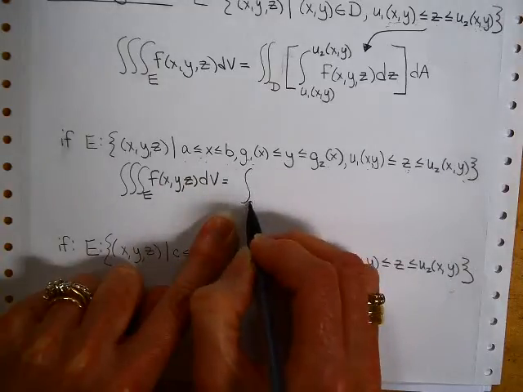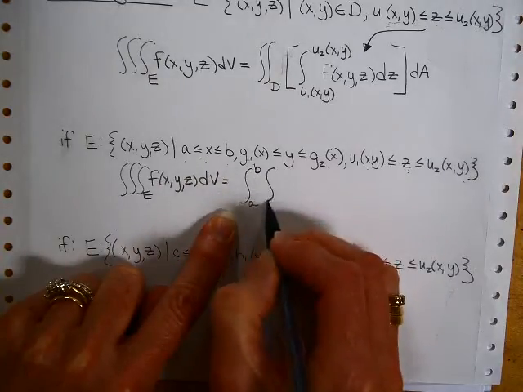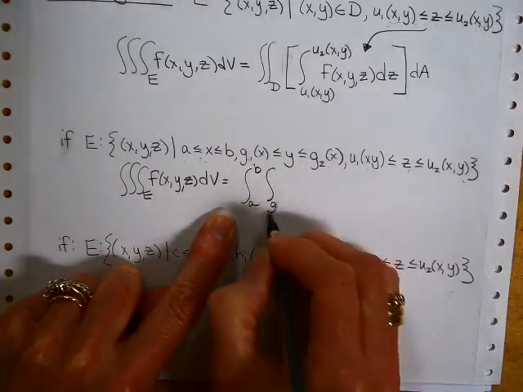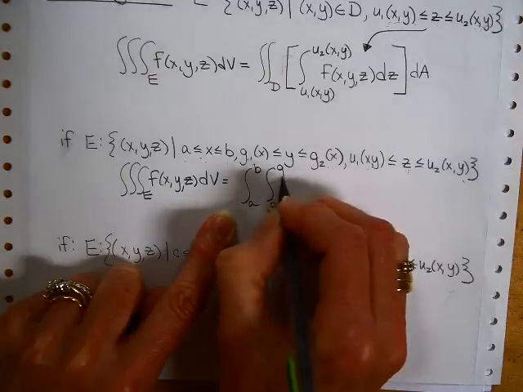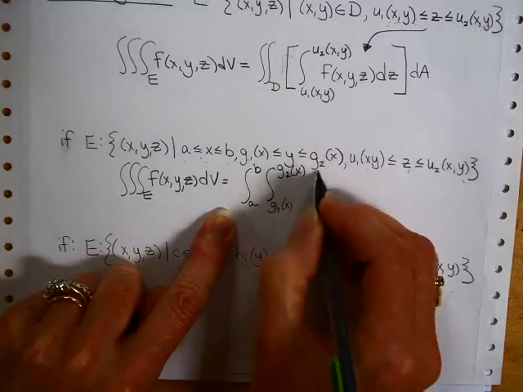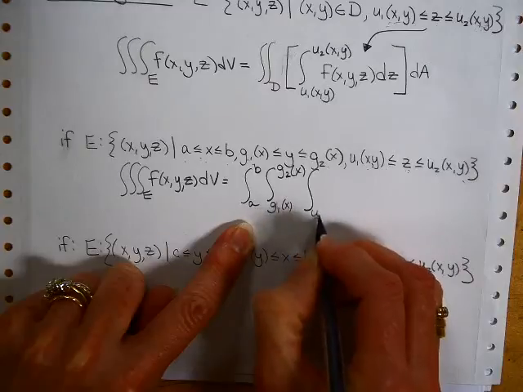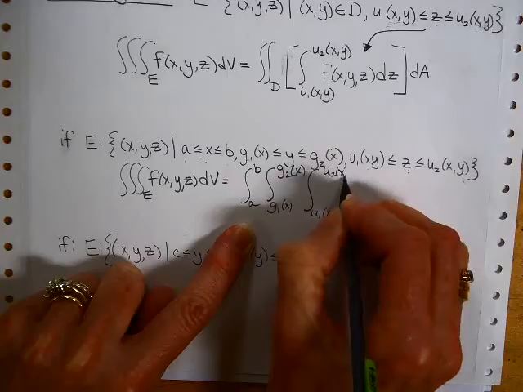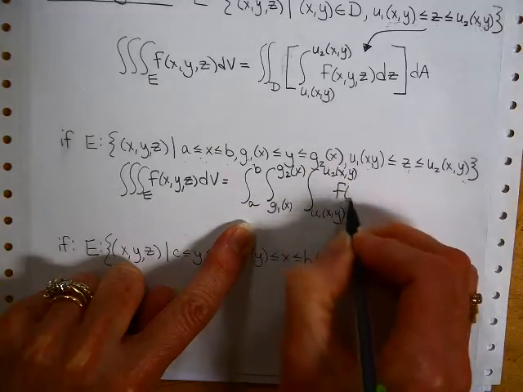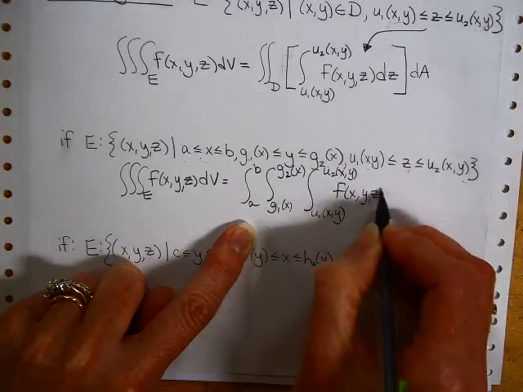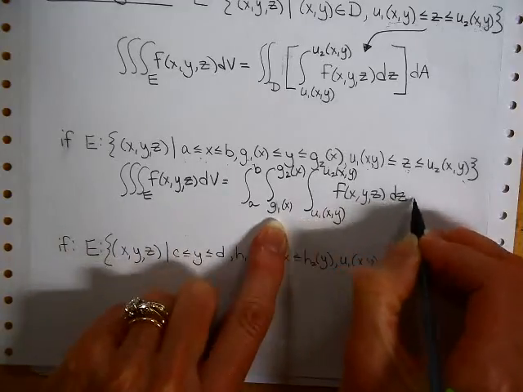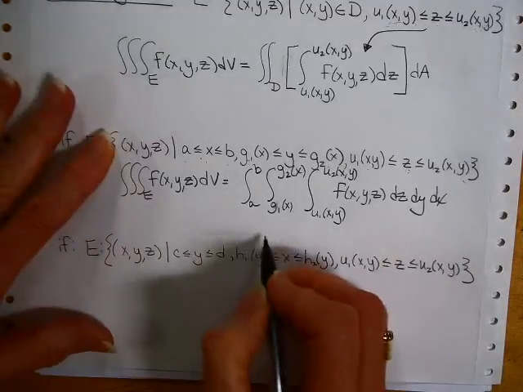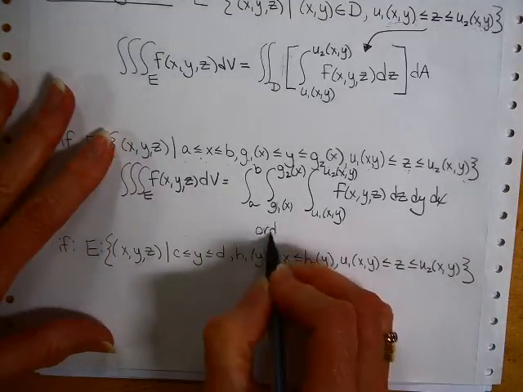So you want the x's to be on the outside. You want your y's, which go from g sub 1 of x to g sub 2 of x. Then your z's have got to be on the inside, and your function of x, y, z. This is your dz, this is your dy, and this is your dx. There is a very certain order. Order matters.